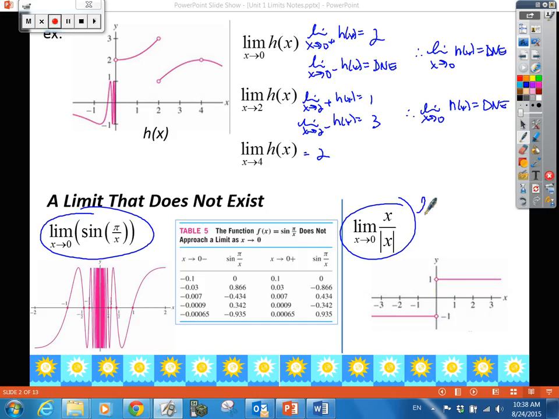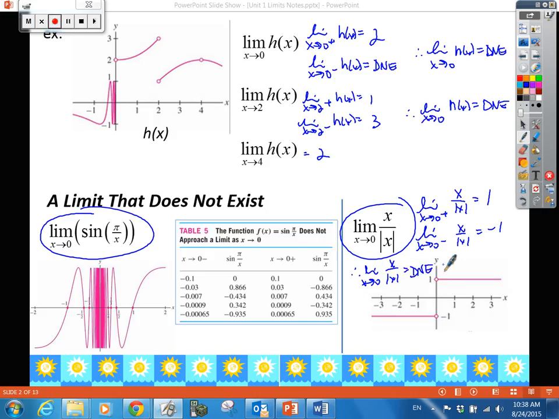So we say the limit as x approaches 0 from the right of x over absolute value of x. As we approach from the right, we hit 1. The limit as x approaches 0 from the left. As we're approaching from the left, we hit -1. Therefore, the limit as x approaches 0 of x over absolute value of x is DNE.